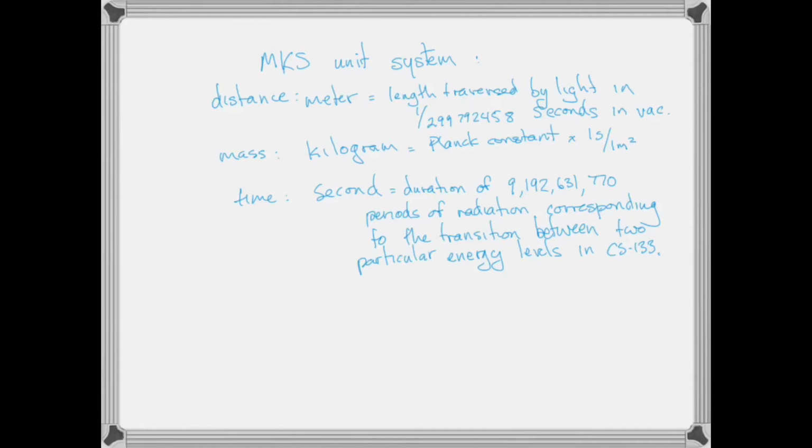The mass is a really interesting one, because until last year, really until 2011, when it became official, the mass was always just a lump of platinum in France. Believe it or not, it was just a lump of platinum in a special vacuum-sealed cylinder in France, and everybody had to go to France and put that lump of platinum on a balance and put their mass on a balance in order to get the standard of mass.